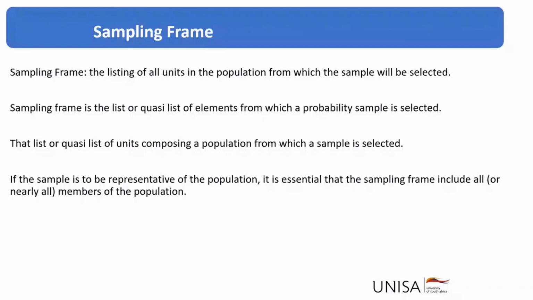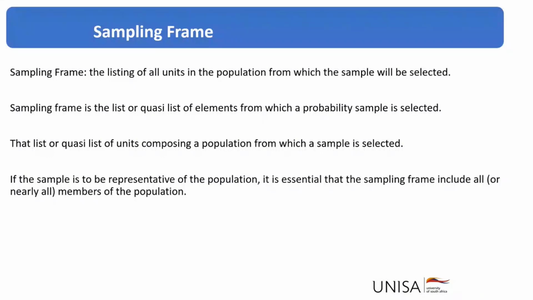If the sample is to be representative of the population, it is essential that the sampling frame include all or nearly all members of the population. So if your interest is to come up with a representative sample from the population, then you need to have all the members of the population in your sampling frame.